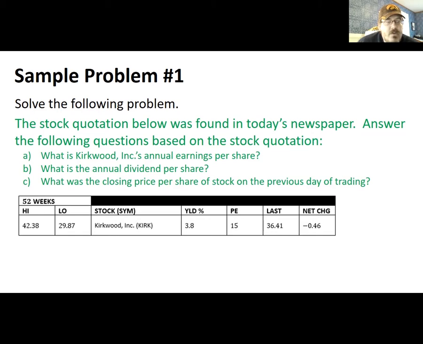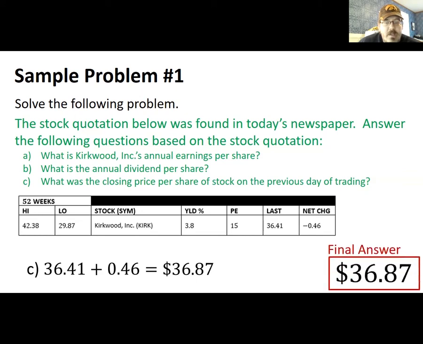So when I go to calculate the previous day, I combine those two values, but I do the opposite of what the sign is on that change. So in this case, I'm going to take today's price and add the 46 cents. And so yesterday, the price was 36.87, and again, if the change went down by 46 cents, that gives us the little bit lower price for today. So yesterday's closing price was $36.87.